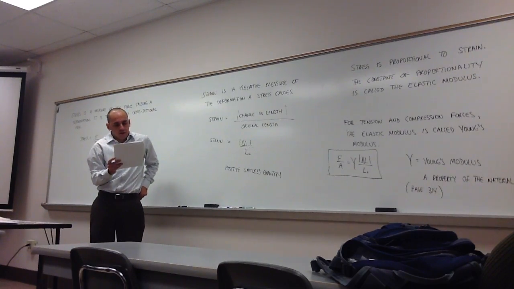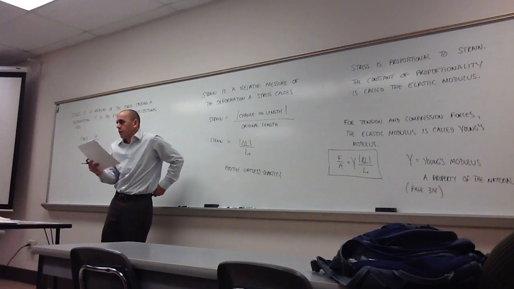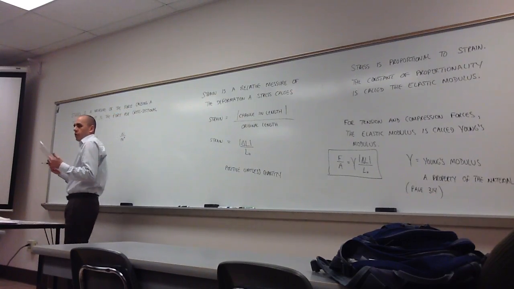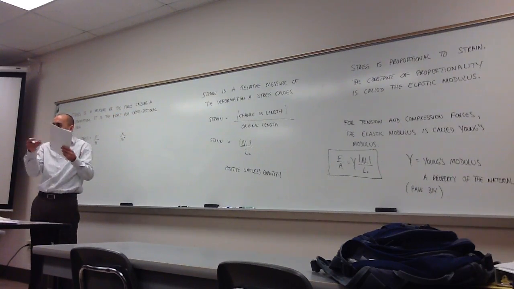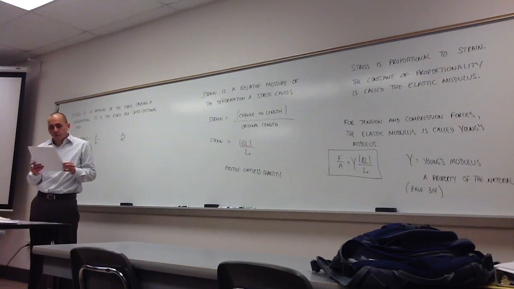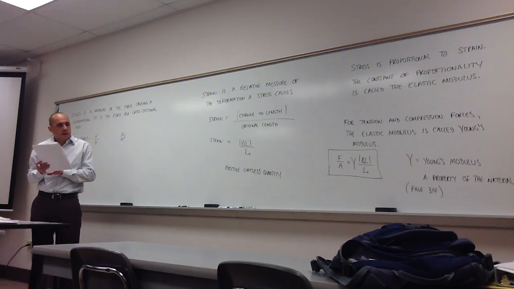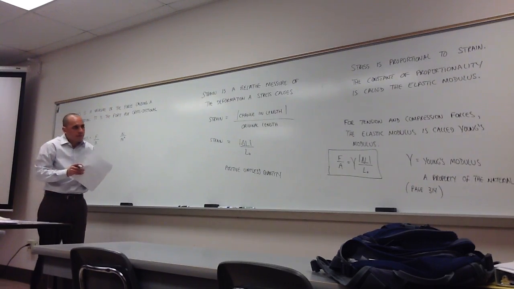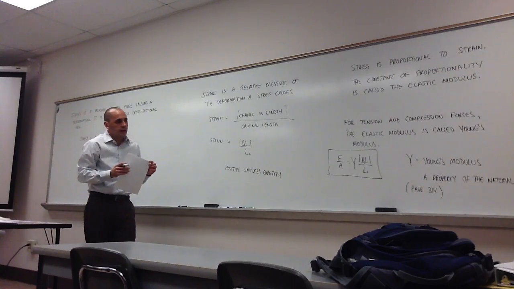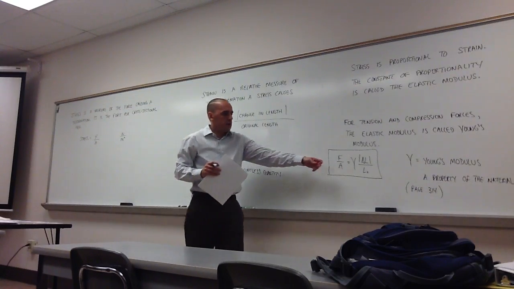Most of these work for either a tension or a compression, either a push or a pull kind of force, but for bone, you'll have a different Young's modulus for a tension or a compression force. All the other ones are going to be the same for either type of force. That's where you'll find these values.